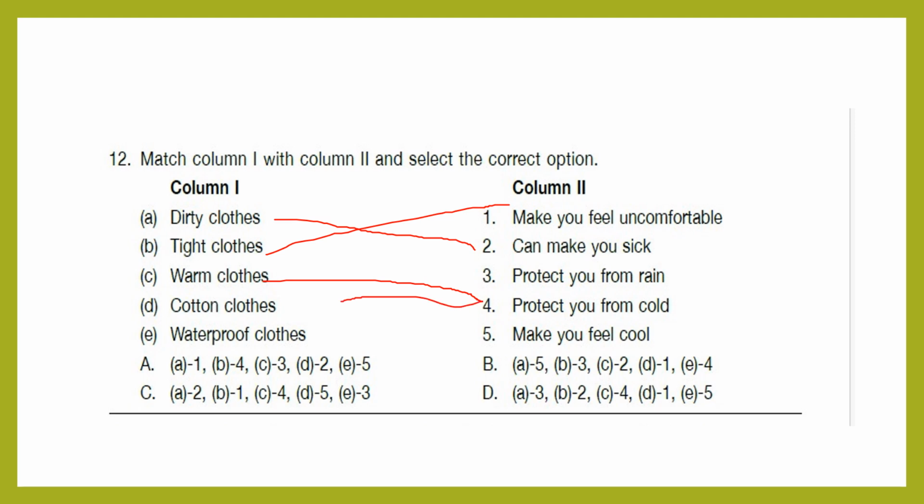Cotton clothes make you feel cool. Waterproof clothes protect you from rain. So A2, B1. In option C, we get A2, B1, C4, D5 and E3. So our answer is option C.